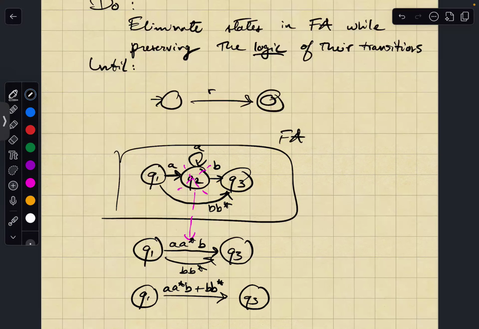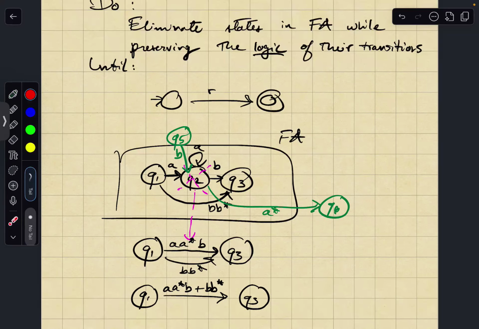Now, what if there are more states that go through Q2? What if there's Q5 that goes to Q2 with a B, and then maybe Q6 that you can get to from Q2 with, let's say, A star? Then when you remove Q2, you have to preserve the logic of transitioning from Q1 to Q3 through Q2, but also every other combination.